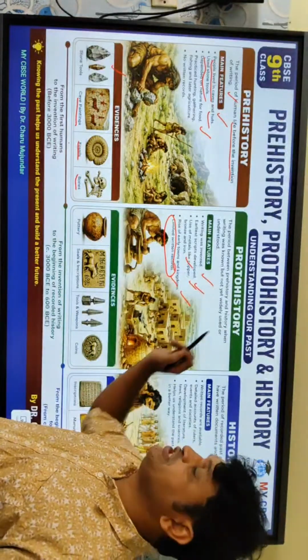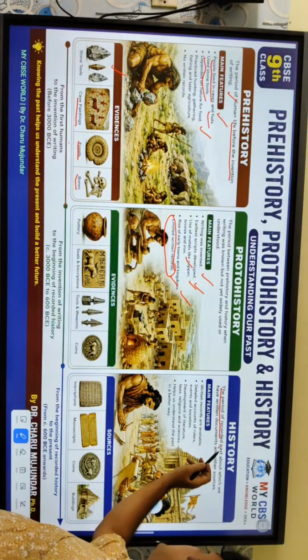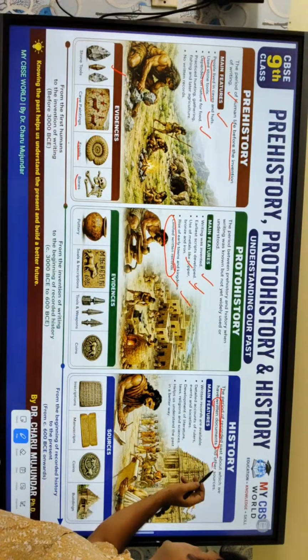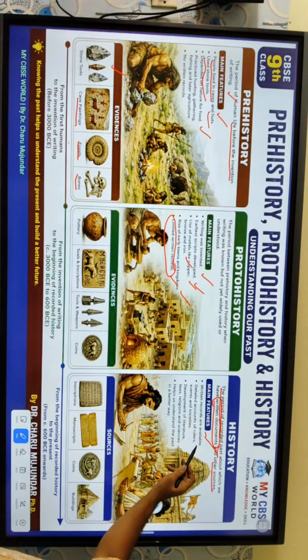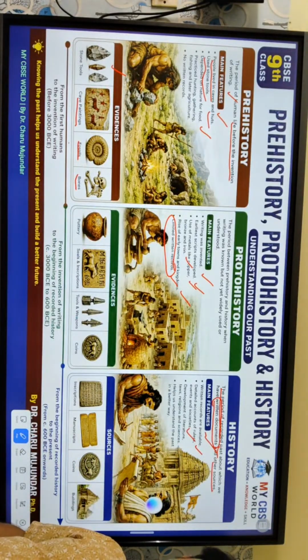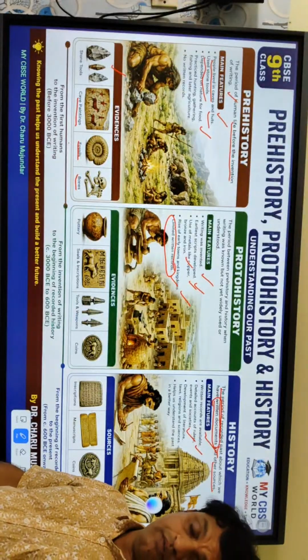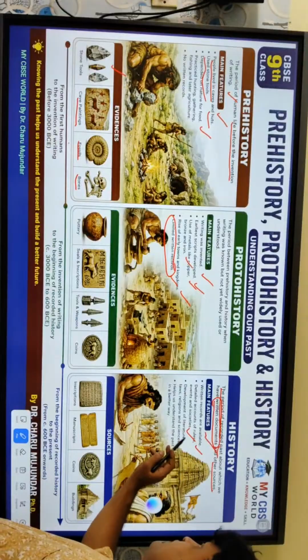That is called protohistory. Next, history: the recorded past about which we have written documents and other sources. Written records are available, with detailed accounts of rulers, events and society. We have Chandragupta Maurya, before that the Vedic age and later Vedic age, and the Harappan civilization, everything.